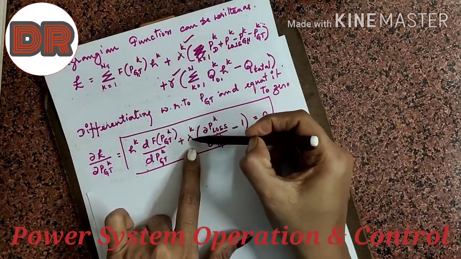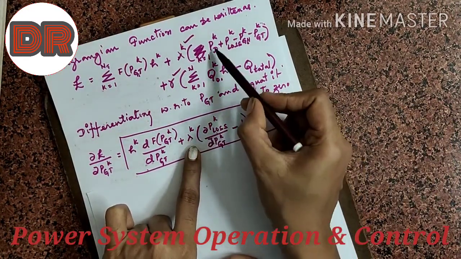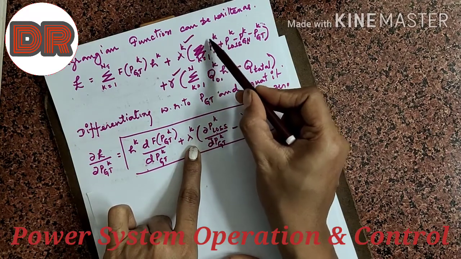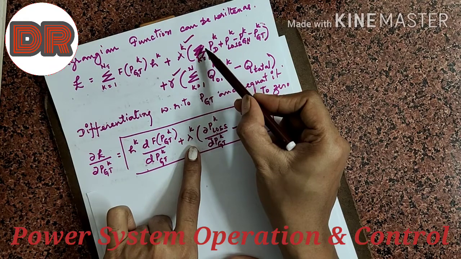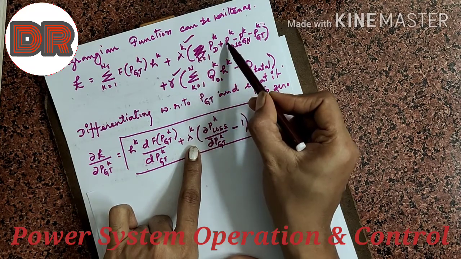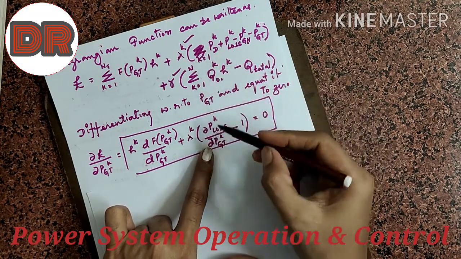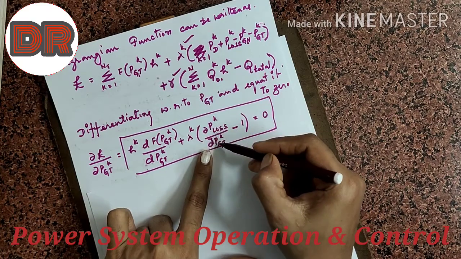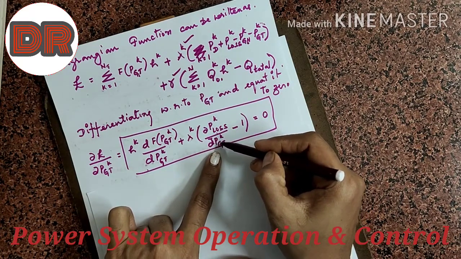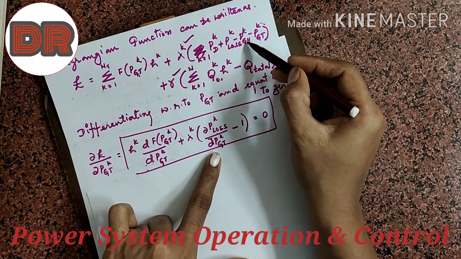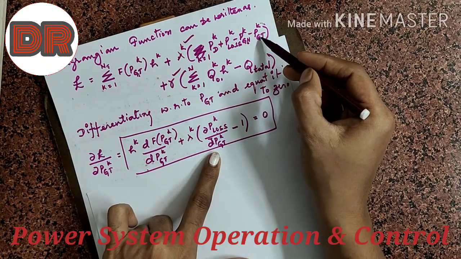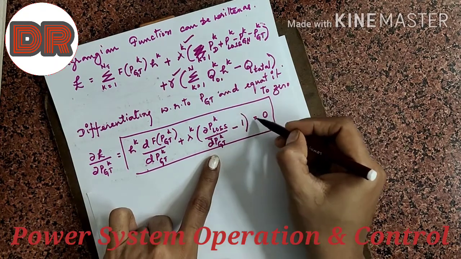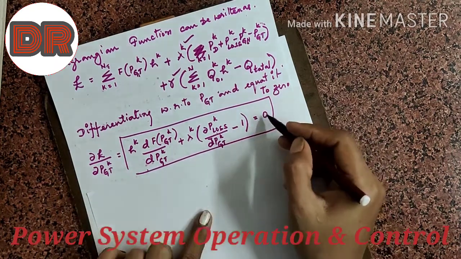Second term, lambda k: PD with respect to PGT is 0 because PD does not depend on PGT. P loss depends on PGT, so we write the differentiation of P loss with respect to PGT. PGH does not depend on PGT, so 0, and PGT with respect to PGT gives 1. Equating this to 0.